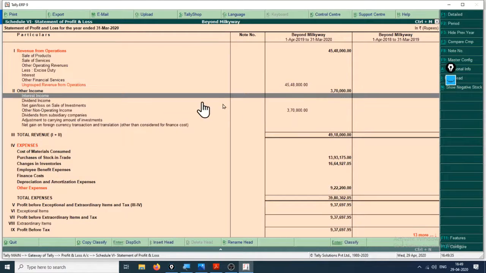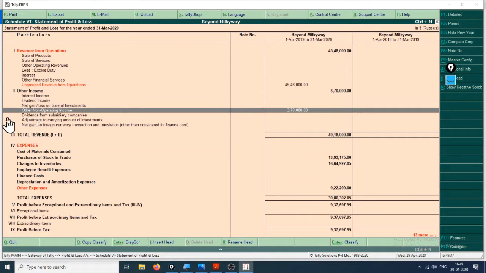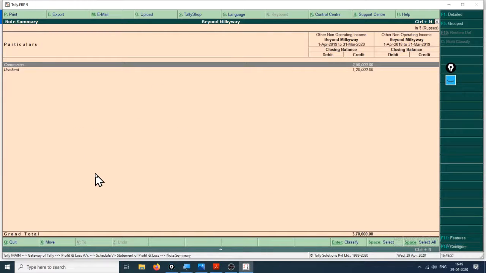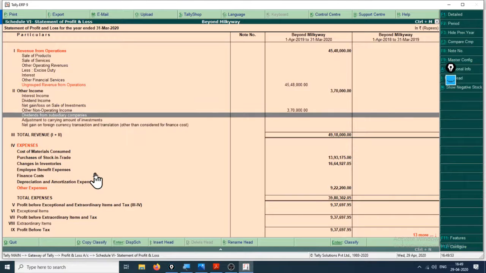Interest income, yeah, right here. Okay, so it is also segregating this variously. Other non-operating income. This is revenue from operations, which are current operations that we are into, and this is non-operating income. Enter it. Yeah, you can see right here commission and dividend.